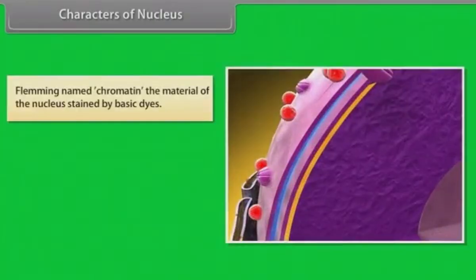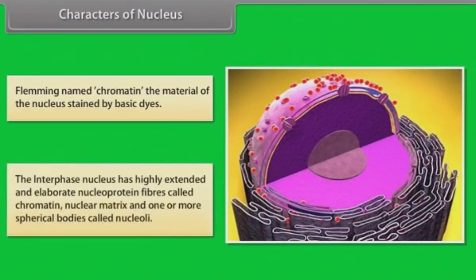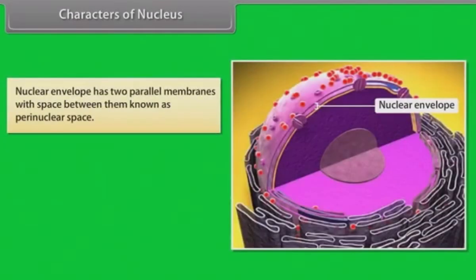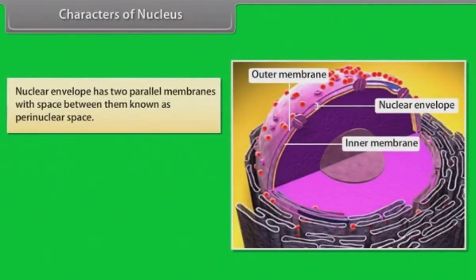Fleming named chromatin the material of the nucleus stained by basic dyes. The interphase nucleus has highly extended and elaborate nucleoprotein fiber called chromatin, nuclear matrix, and one or more spherical bodies called nucleoli. Nuclear envelope has 2 parallel membranes with space between them known as perinuclear space.